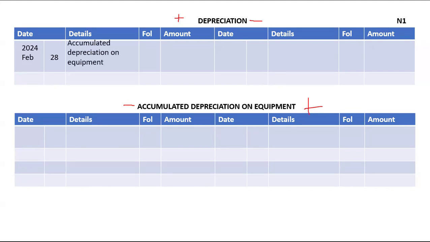You'll basically debit depreciation with accumulated depreciation by 64,000 and close it against profit or loss.